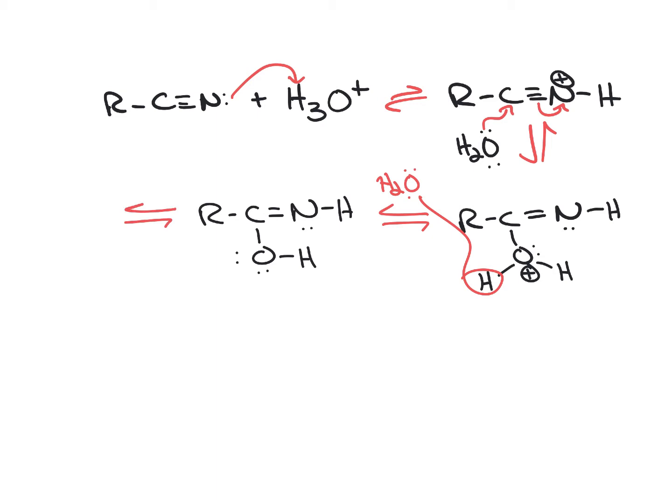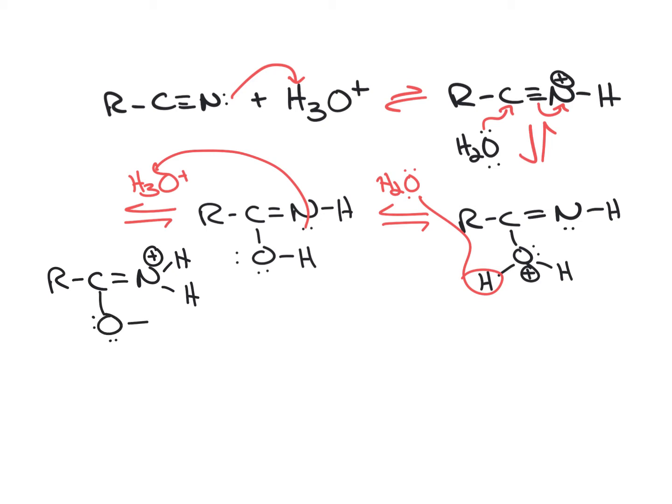This can get protonated again. And keep in mind, if the oxygen grabs a proton, we're just going backwards, and so that's going to happen. This is an equilibrium. But if the nitrogen grabs a proton, then we get something else. So let's picture that, and that is going to give us NH2 plus, H. Now, oxygen can share electrons with the carbon, putting electrons onto the nitrogen.